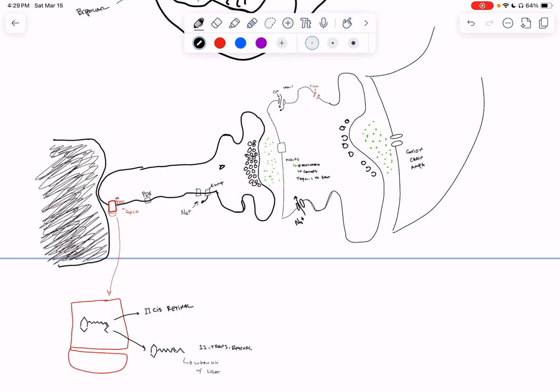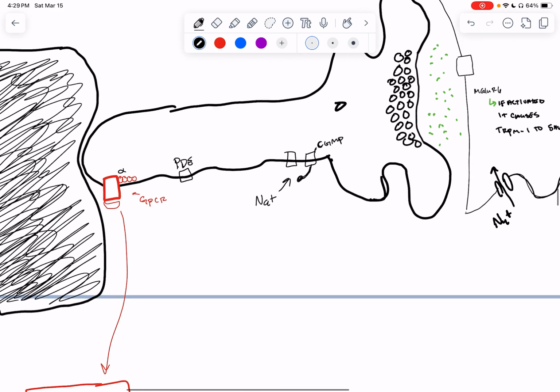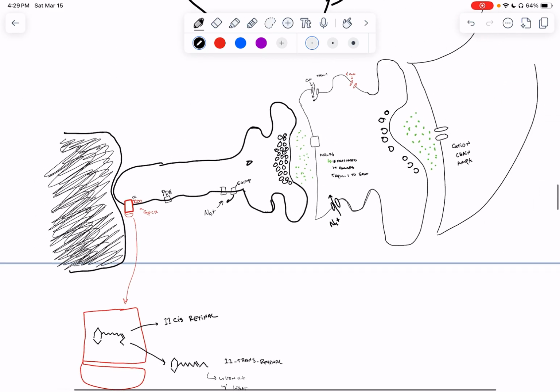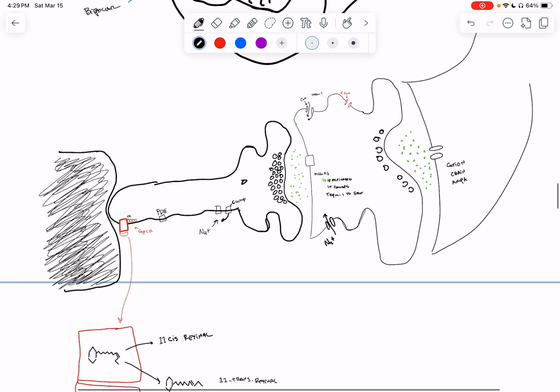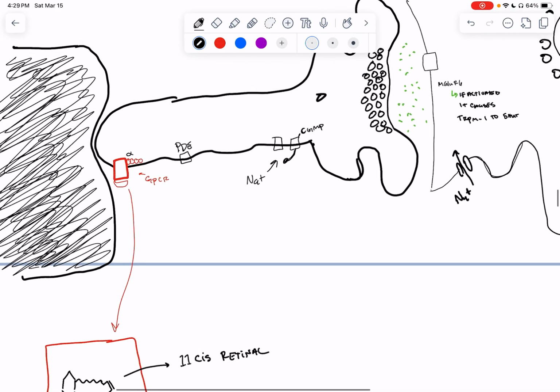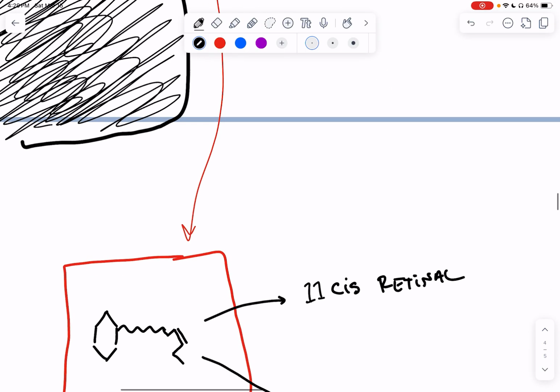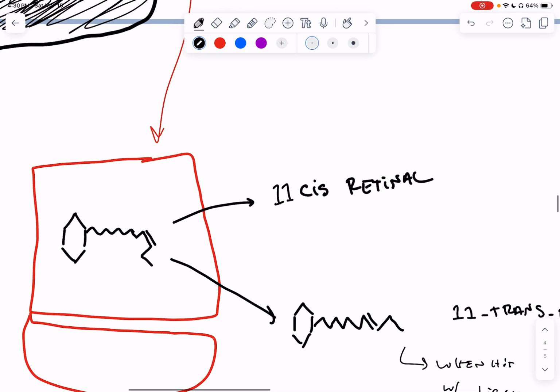So here, as you can see zoomed in at the bottom of the cone cell, we have another G protein coupled receptor. The unique thing about this G protein coupled receptor is that inside of the receptor there is a molecule called 11 cis retinol.